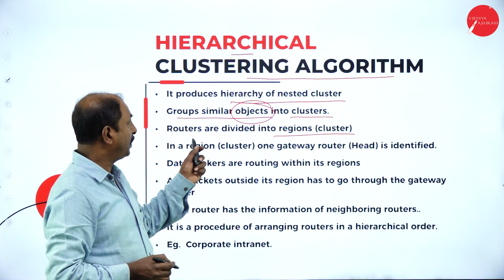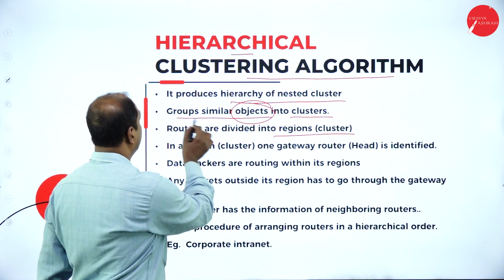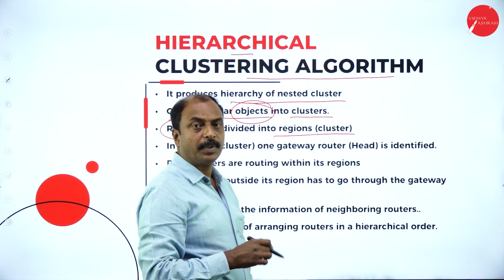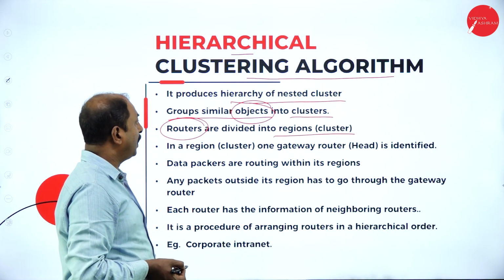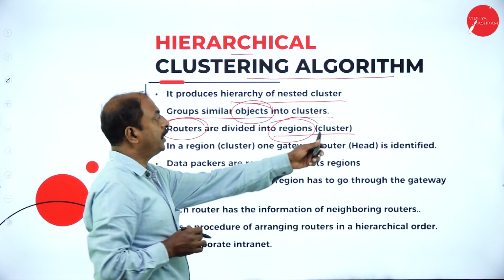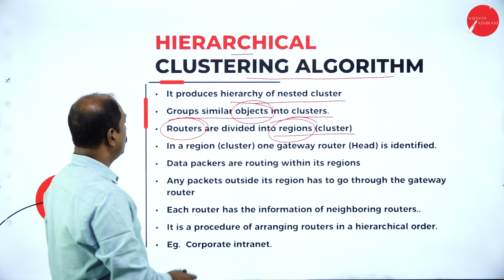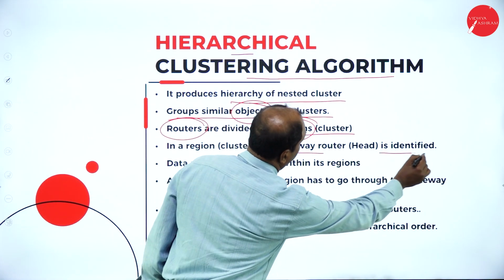So what is the meaning here? We have looked at how the objects are nothing but devices. In the example, routers. If there are multiple routers in a network, the similar routers are divided into a number of clusters depending on the regions. So in a region, which means a cluster, one gateway router is identified.